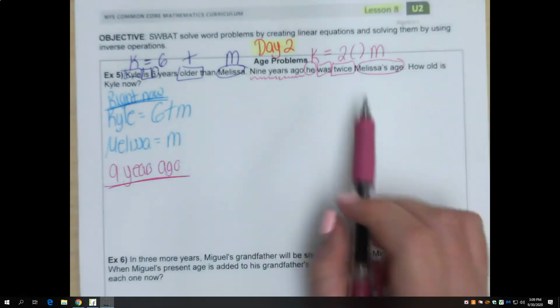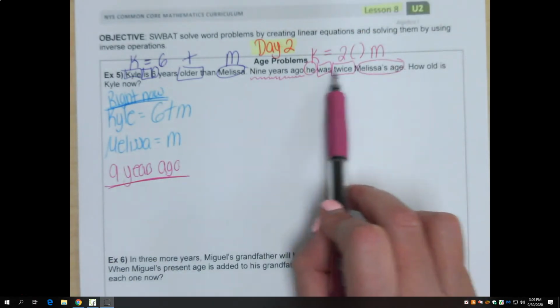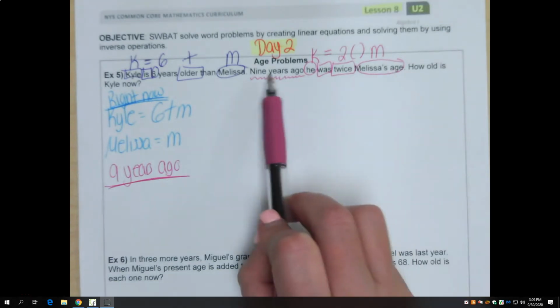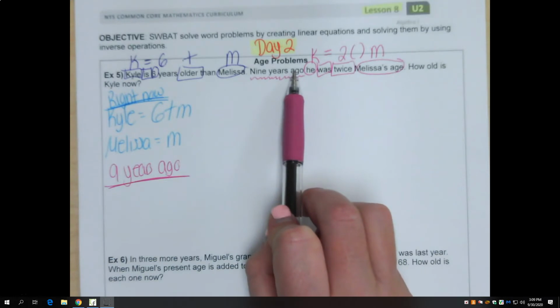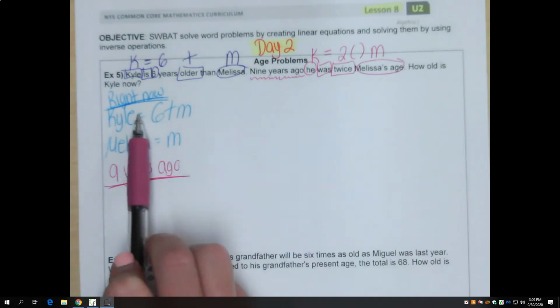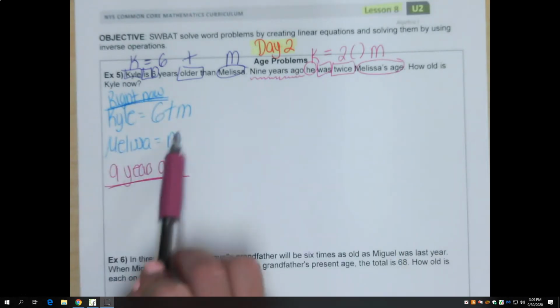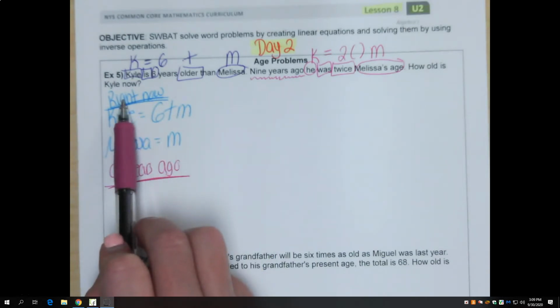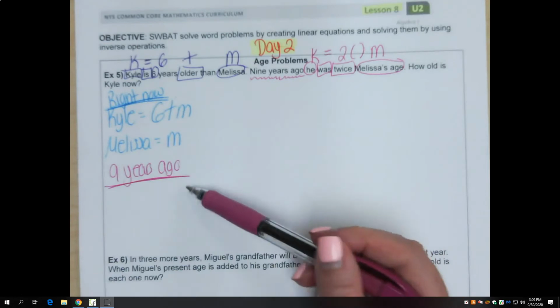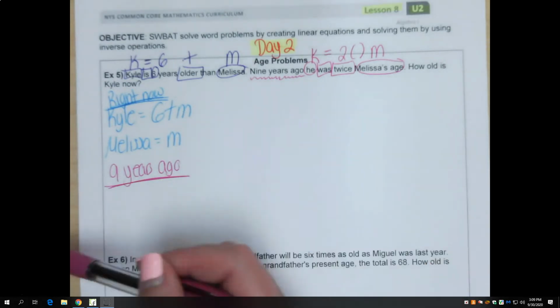Okay. This information, one more time, is from 9 years ago. Very, very tricky. I can't use this information here in blue because this represents their ages right now. That tells me I have to come up with what their ages were 9 years ago.